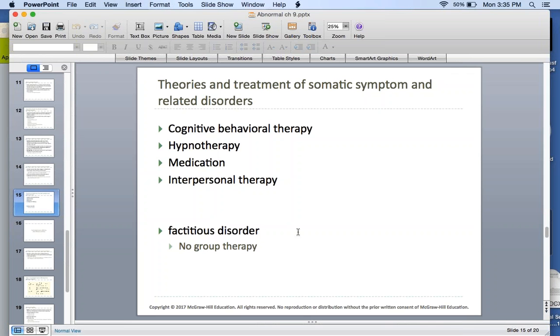Now, I wrote this down here with this factitious disorder. I say no group therapy. Okay, so interestingly, for people with other types of disorders, group therapy can be helpful, right? So you meet other people with the issue and we talk about it and we sympathize with each other and we feel empathy. Now, somebody with factitious disorder, the goal of their disorder is to get empathy and sympathy and a lot of attention. So we say absolutely no group therapy for these types of individuals because that would just be encouraging it.